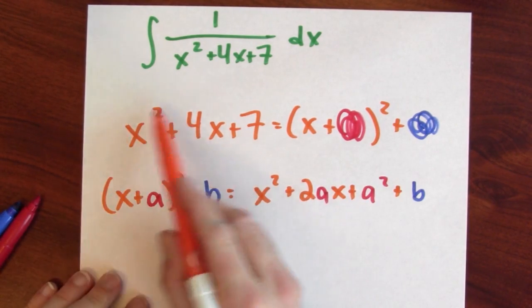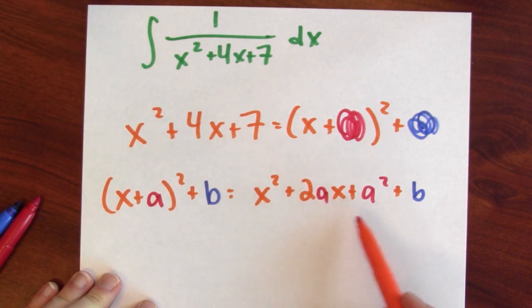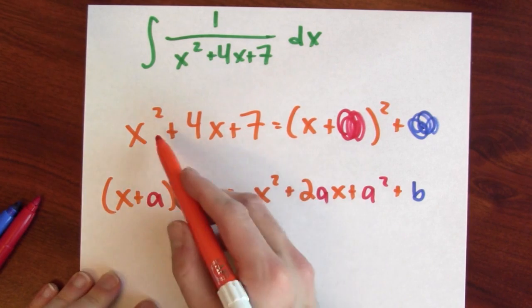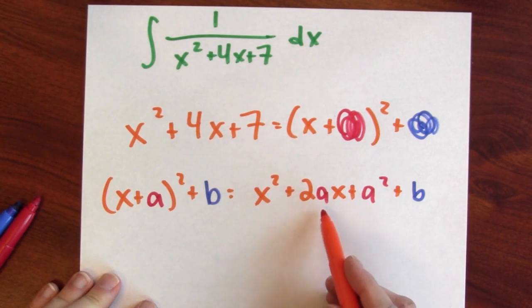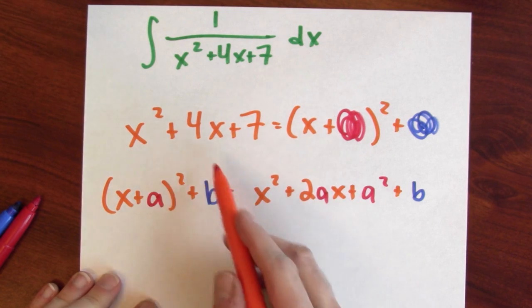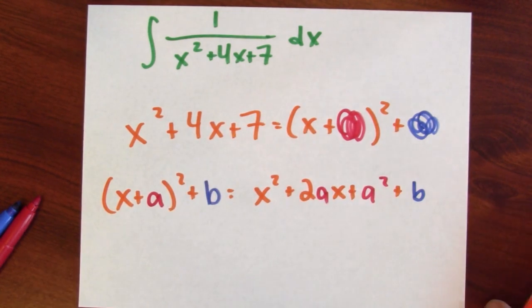So I'm trying to make this quadratic polynomial look like this. And the only term that I've got with an x here is 2ax, so 2a should be 4, right?